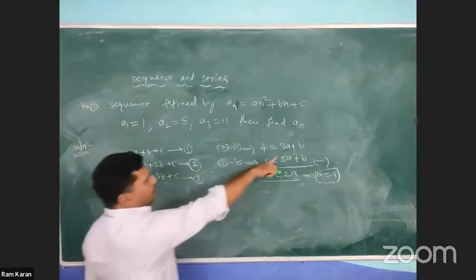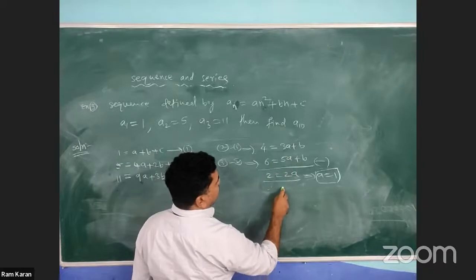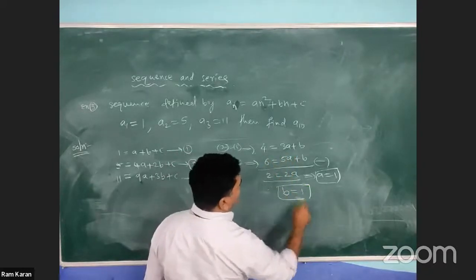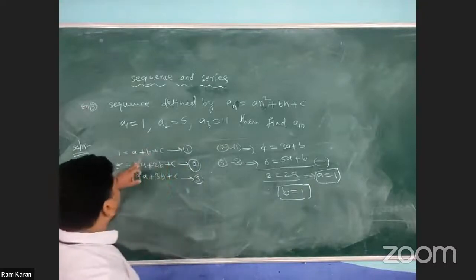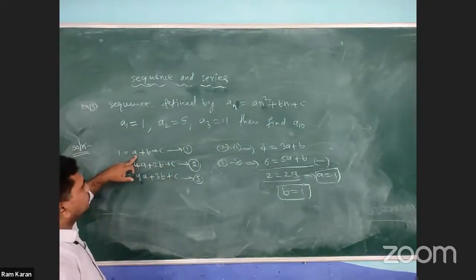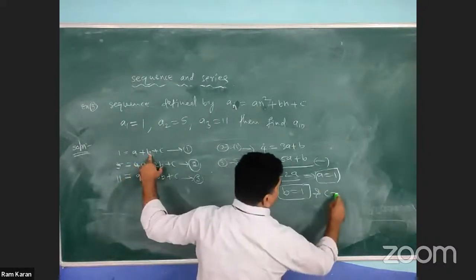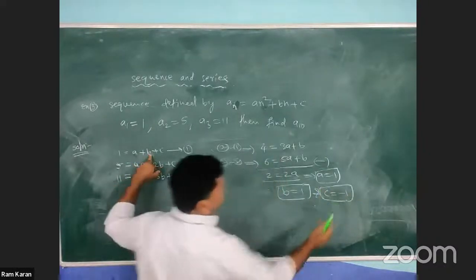Put a is 1 in this. Since a is 1, b is also 1. b is equal to 1. Substitute a is 1, b is 1 in the first equation: c is minus 1.